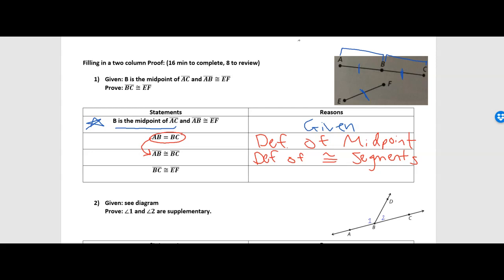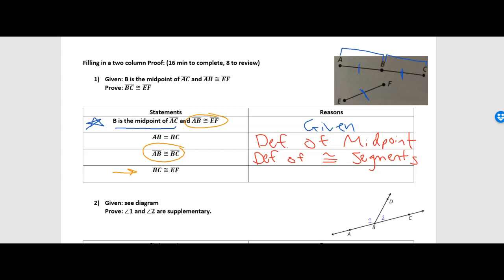Now, the last statement says BC is congruent to EF. So how do we work with this congruency statement and this one? Is there something we could do with both of those to get this one down here?